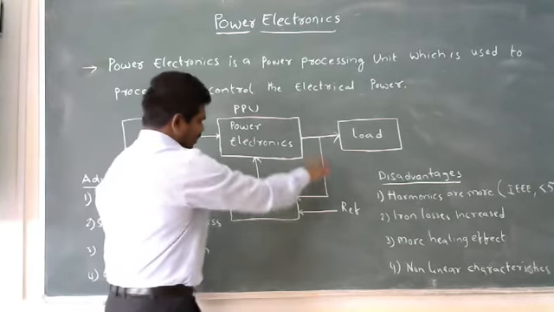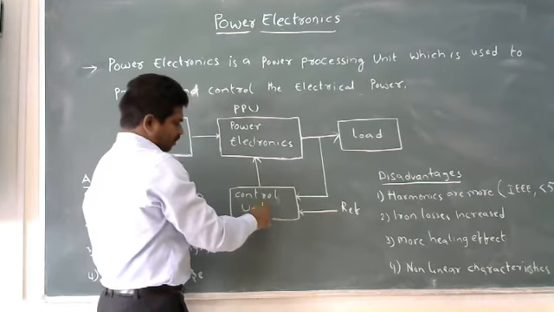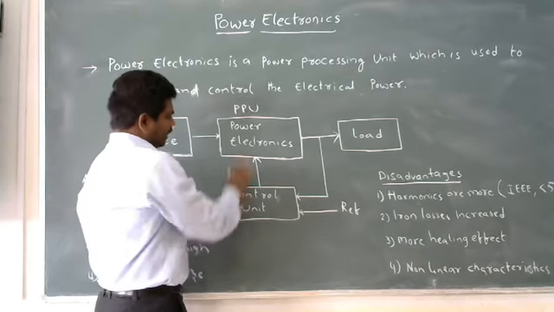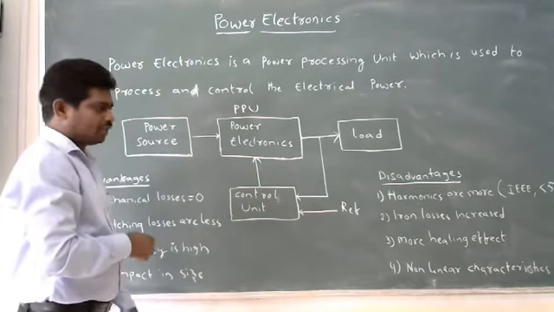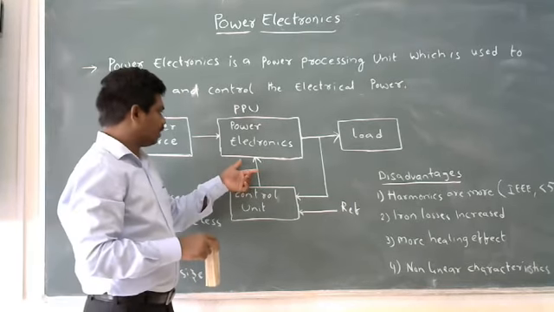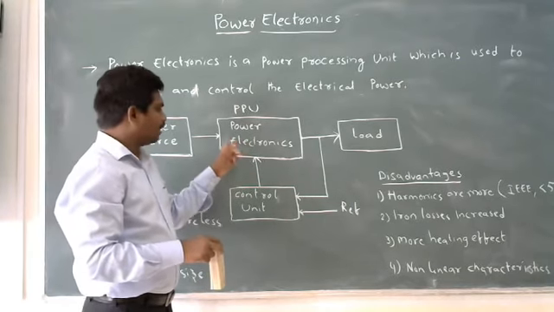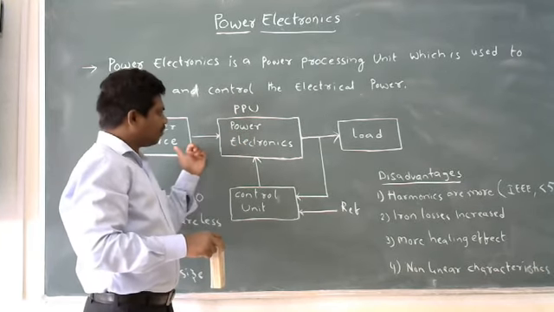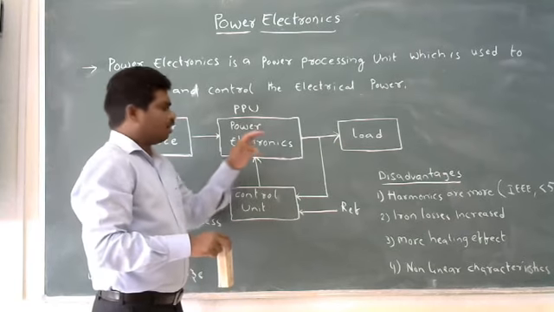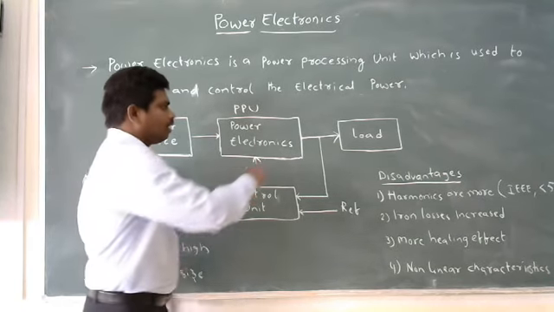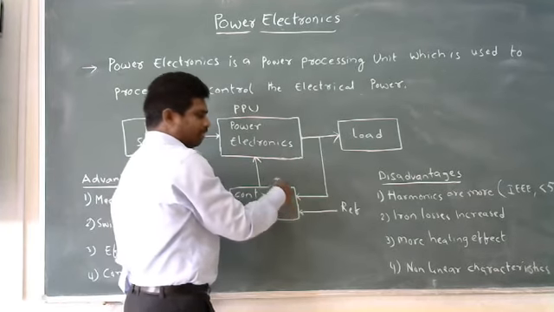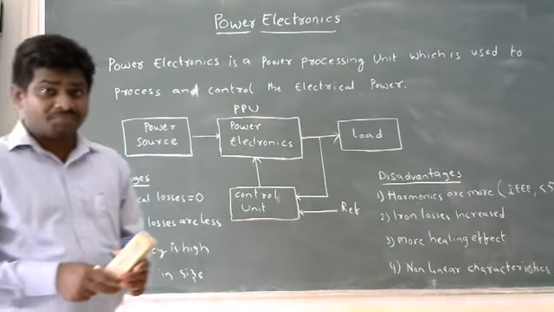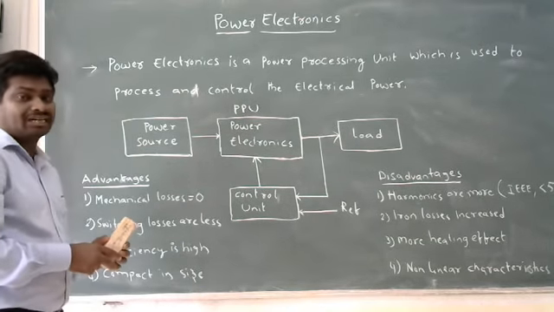And there is a control unit which controls the output values and gives them back to the PPU circuit, so that whatever differences there are get controlled in the power electronic circuit itself. Thereby it processes the power from source to load, and controls the values the load requires. In this way, the power electronic circuit is a power processing unit used to process and control electrical power.